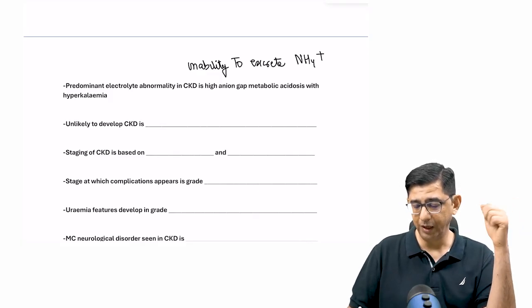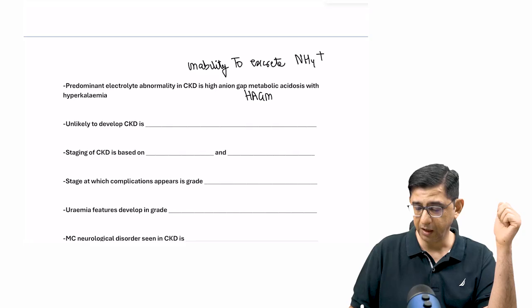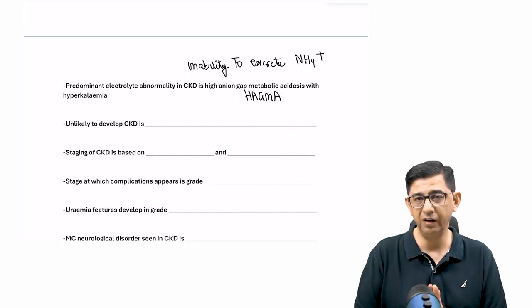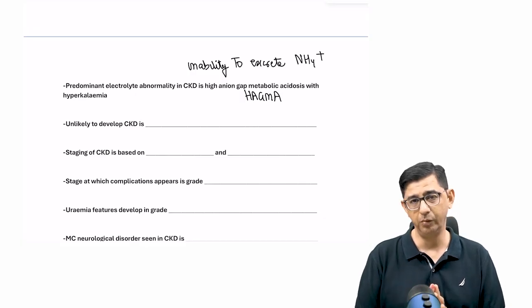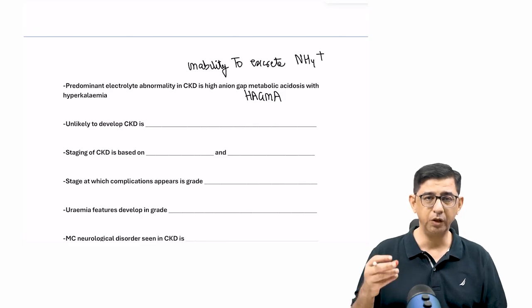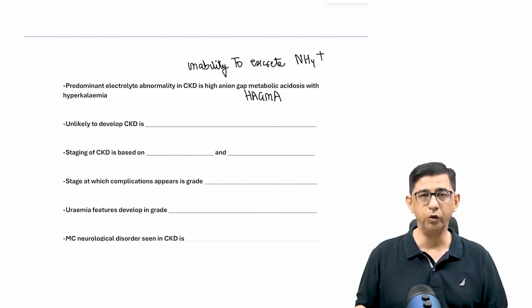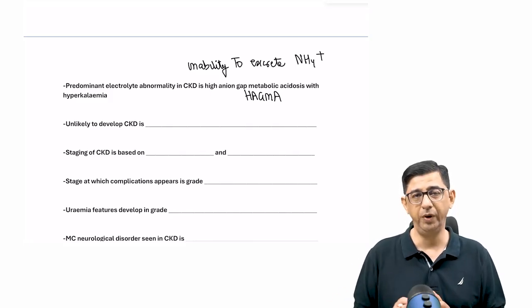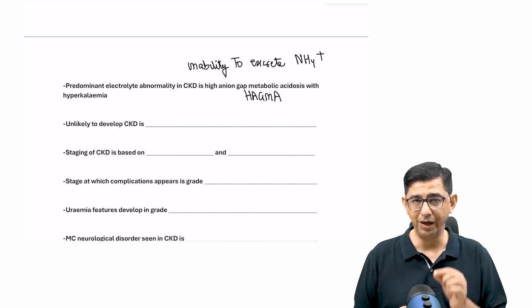The type of metabolic acidosis that can occur in patients with parenchymal disorders of the kidney is high anion gap metabolic acidosis. By default, whenever the kidney is affected, there would be high anion gap metabolic acidosis. Whether he says acute kidney injury, chronic kidney injury, or acute tubular necrosis, all kidney damages always result in development of high anion gap metabolic acidosis.